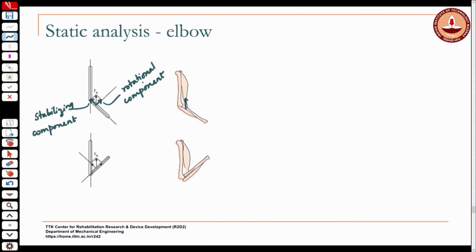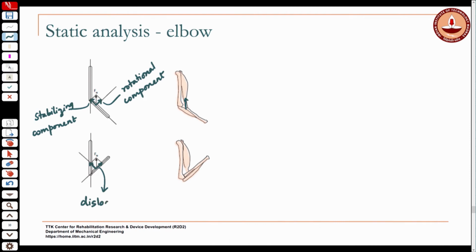Now, if it is flexed less than 90 degrees, then if you look at the components of the muscle force, you see that this component is now not stabilizing the joint, but it is attempting to dislocate the joint.